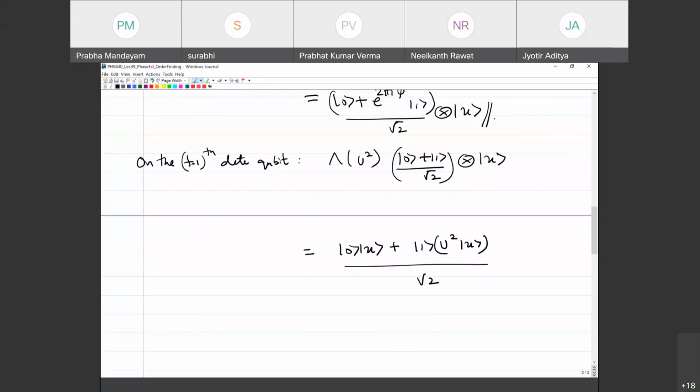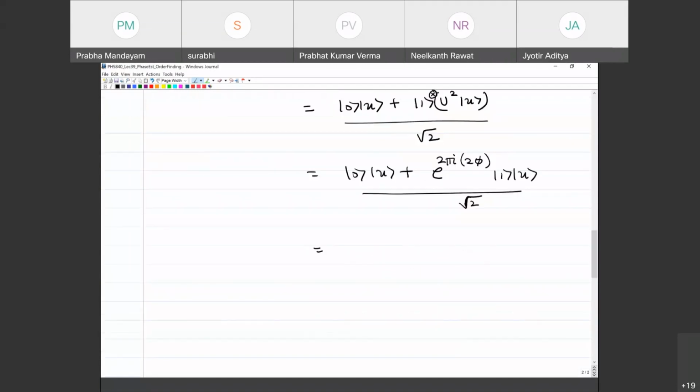So then this is going to pick out lambda squared, the eigenvalue squared. So this is e to the 2 pi i 2 times phi. Once again, we'll pull the phase out onto the control or the data qubits, right? The ancilla is back to ket U.